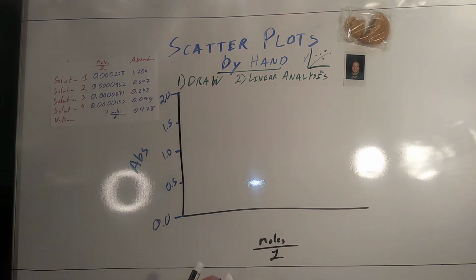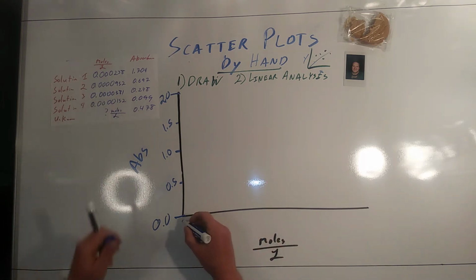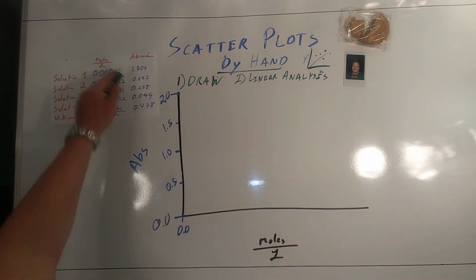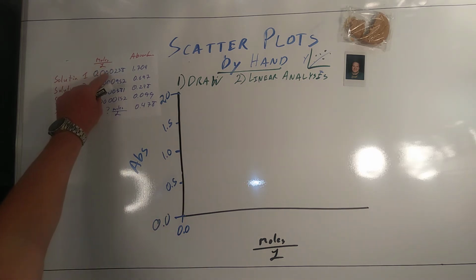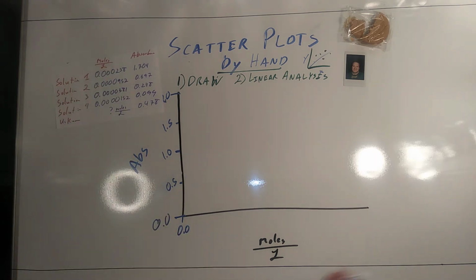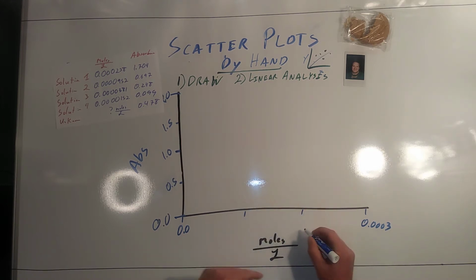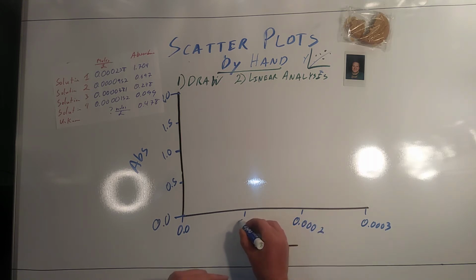My values for molarity go down to a very low value, practically 0 molarity, and the highest value is 0.000238. 0.0003 is where I'm going to take my highest value, and then I'm going to just kind of evenly space this up, again by eye. If you have graph paper, you should be using graph paper. So there's my spacing right there.